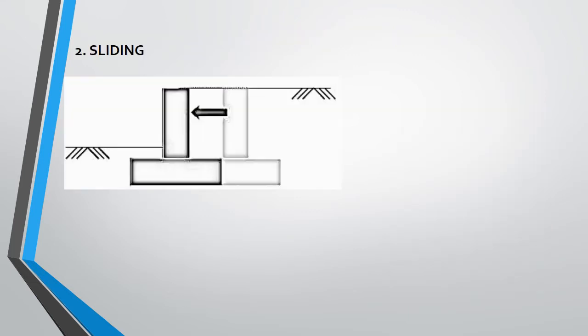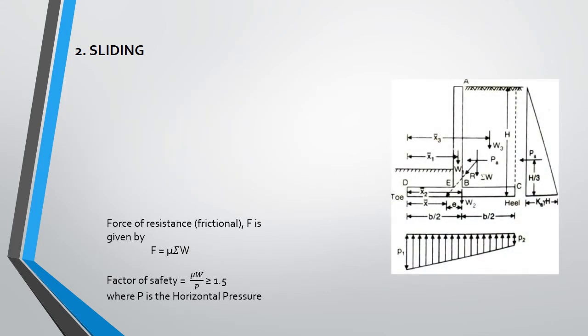The next major criterion of failing is by sliding. Sliding failure occurs when the resisting forces of the retaining wall are exceeded by the horizontal forces acting upon it. The force of resistance F is given as F is equal to mu into sigma W, where sigma W is the summation of total vertical forces of the retaining wall, and P is the horizontal pressure.